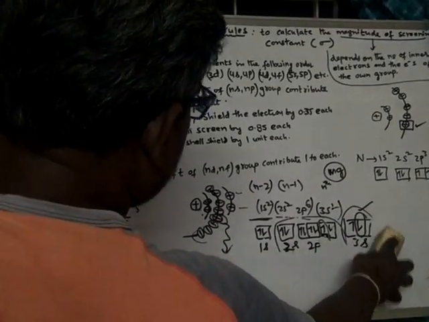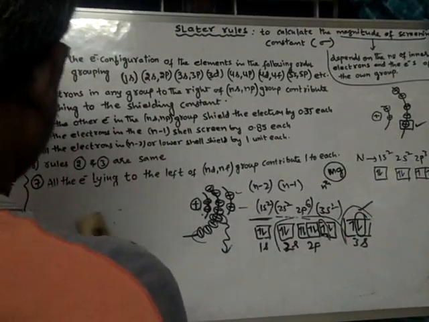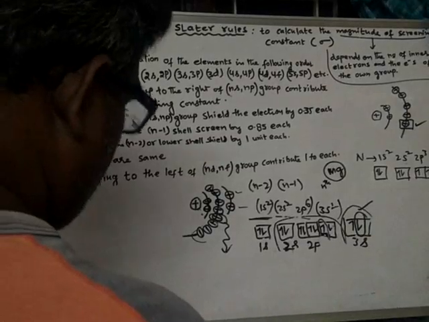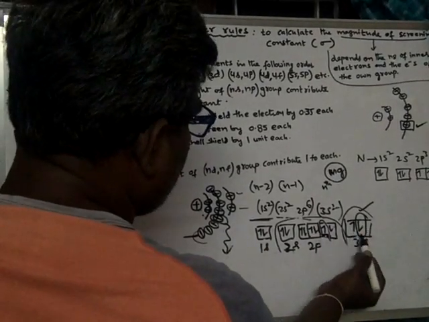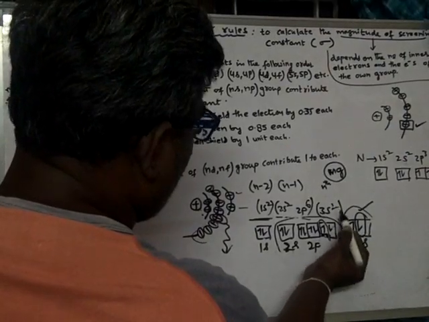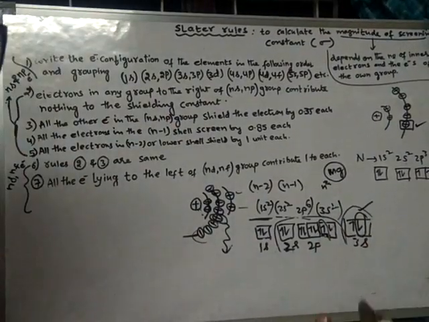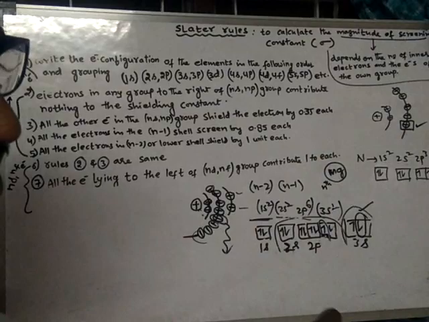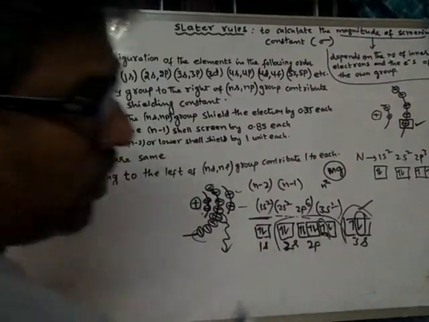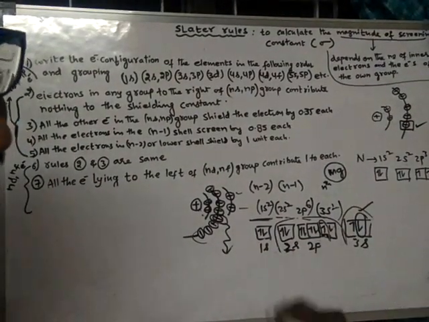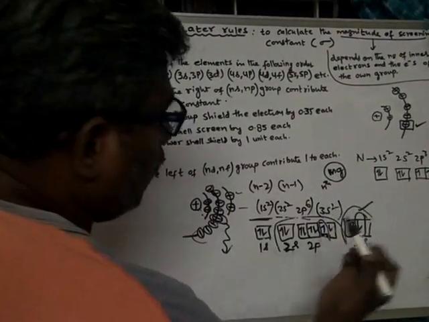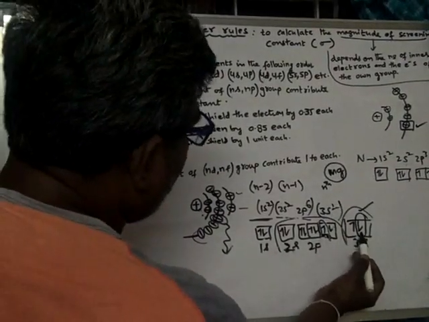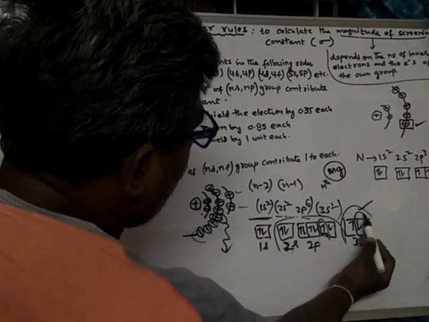Screening constant on this electron. So this electron is present in this particular group. There is no 3p in it. Okay, if 3p is there, 3p also will belong to this group only, because always s and p together become a group. So how many electrons are present in this group? Only 2 electrons. Out of 2 electrons, we are going to calculate the screening constant of 1 electron.